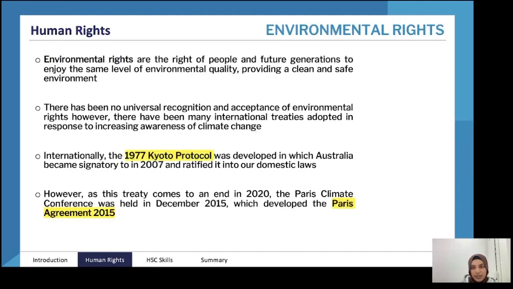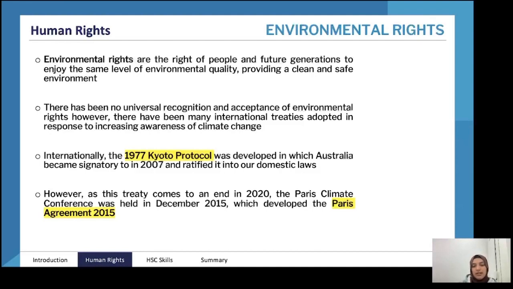Next up is environmental rights. Environmental rights are the right of people and future generations to enjoy the same level of environmental quality, providing a clean and safe environment. So essentially sustainability, having access to resources now and in the future. There has been no universal recognition and acceptance of environmental rights.